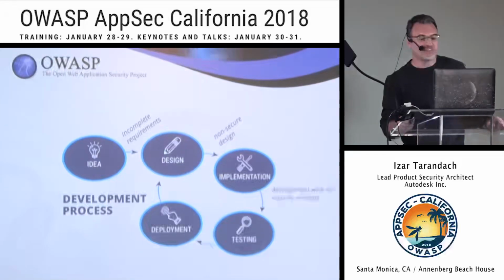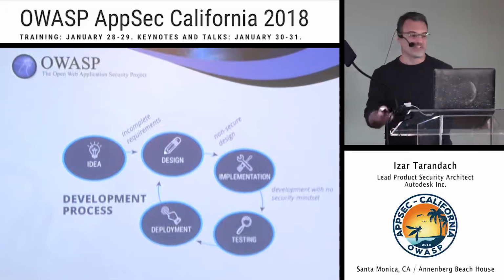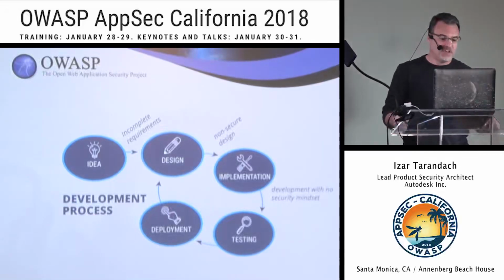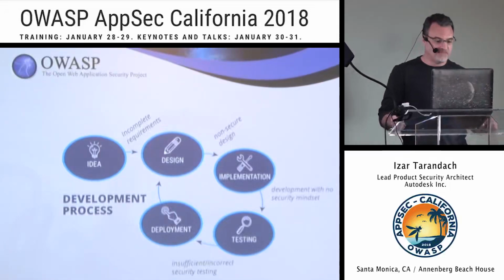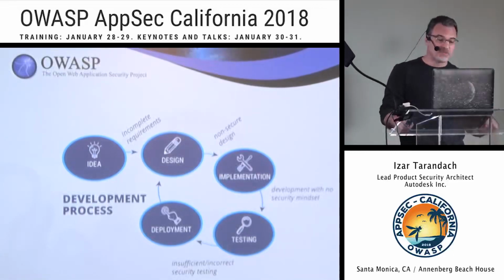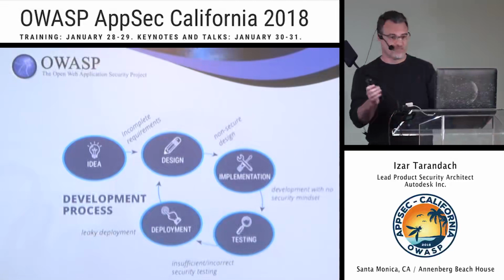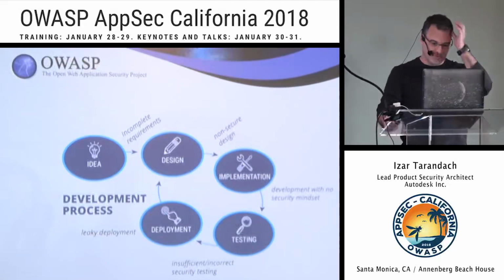From the implementation to the testing, we could have developers who just don't have the security mindset. And from testing to deployment, if we don't do enough security testing, then you don't have enough security findings. And in the deployment itself, you can end up with a leaky deployment, things that are just going places that they were not expected to go.